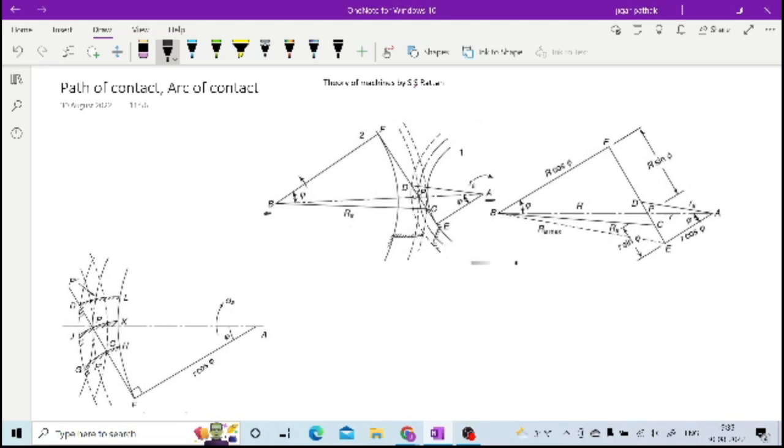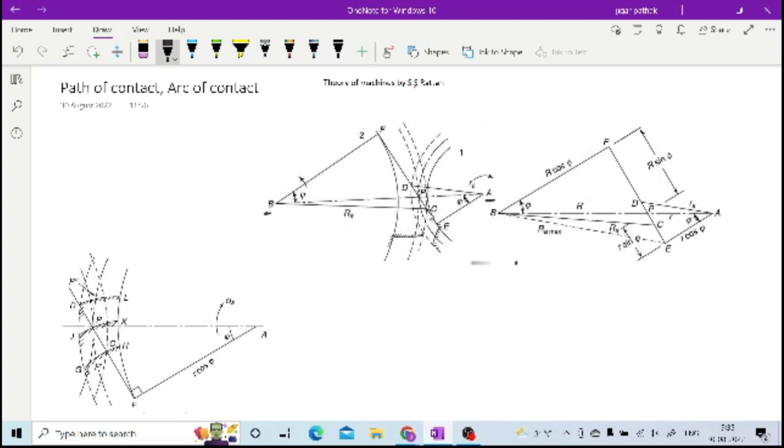While at point D, you can see it is nothing but the tip of that particular tooth which is on the driver. C is beside the clearance circle towards the dedendum of this gear A, and D is nothing but the top of that same tooth, which has started engagement at point C, right?